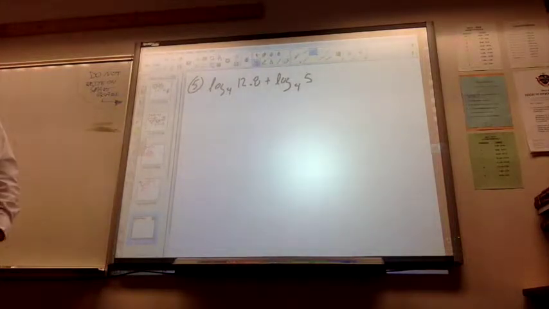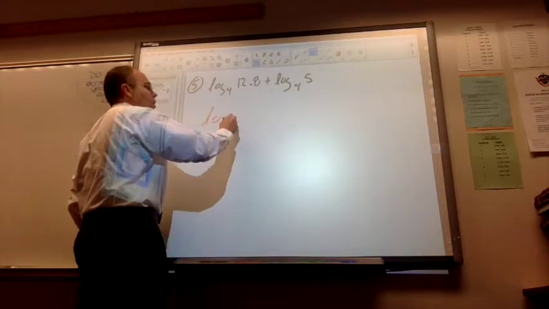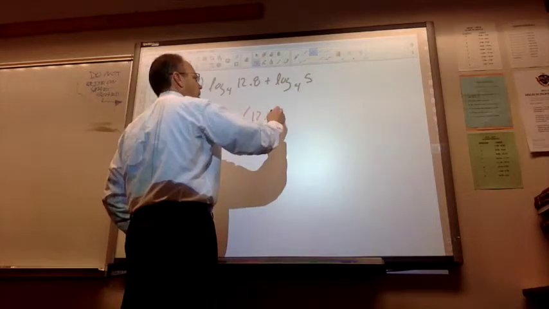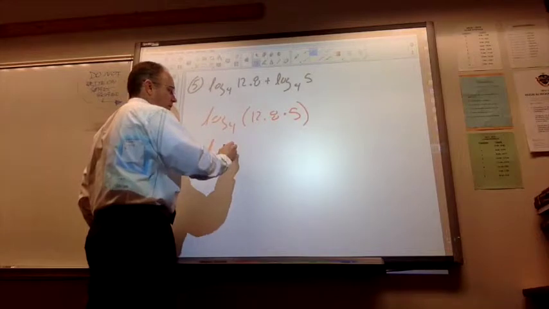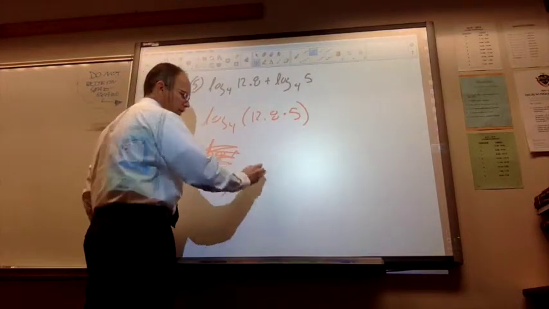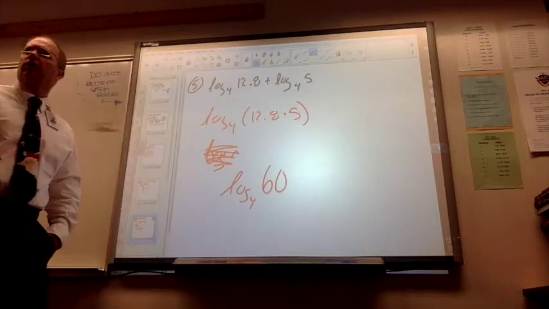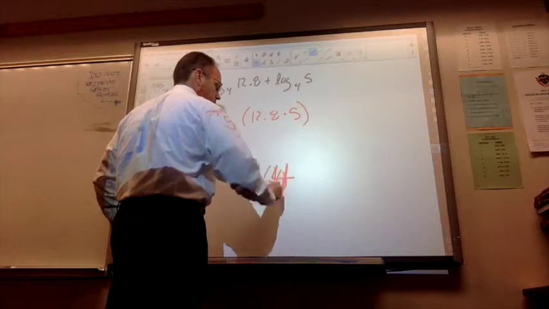So, problem number 5. I would say let's condense it. If I condense it, I'm going to get log base 4 of 12.8 times 5. 12.8 times 5 is 60. So, 64. Thank you. 64.